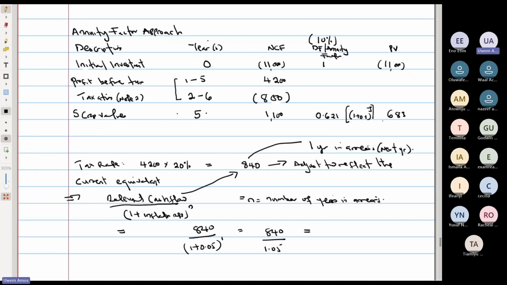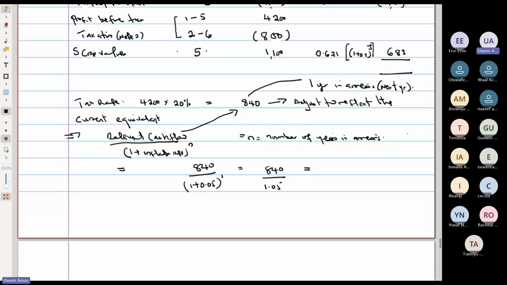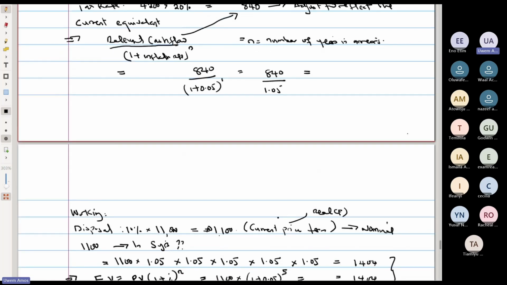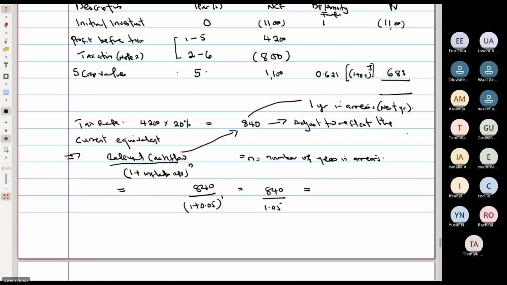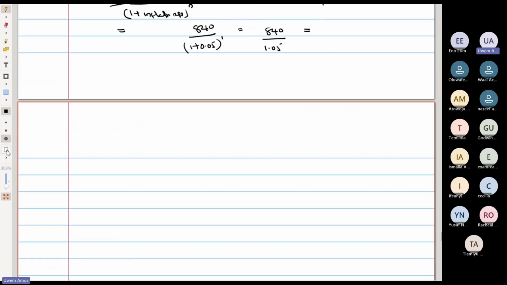Okay, so that leaves us with the annuity factor, which is for the group of years. So let's do our annuity factors quickly. We have a formula for annuity factor, which is what we compute when you group years. When you have a constant value and group the years, we make use of the annuity factor.